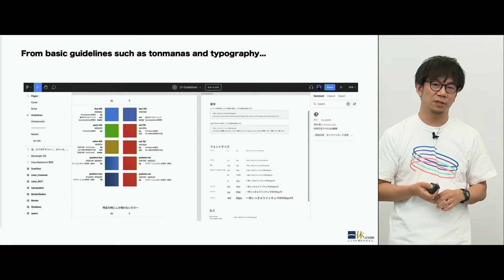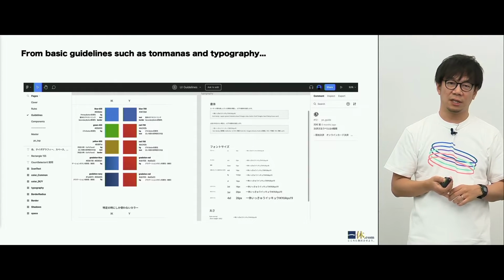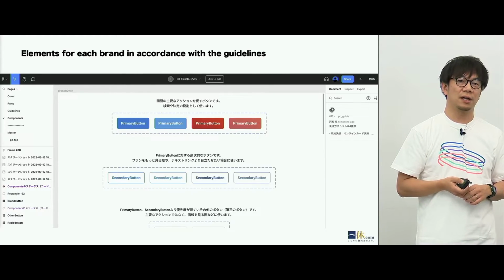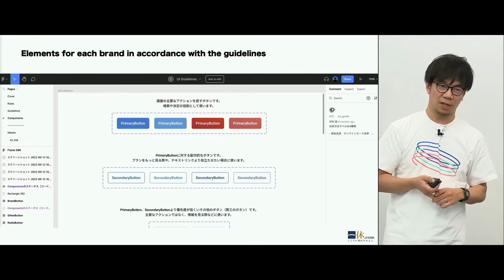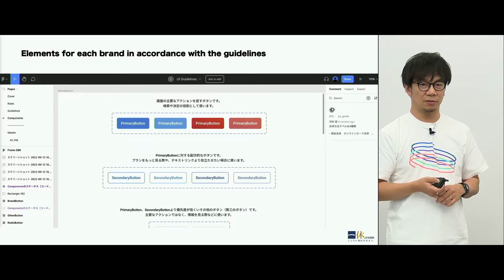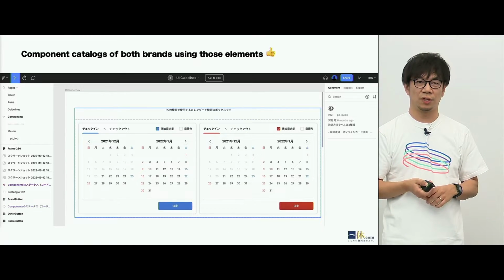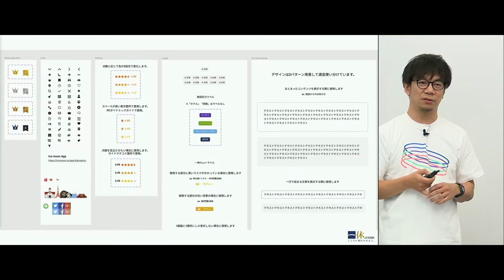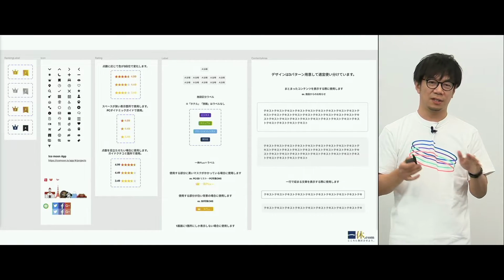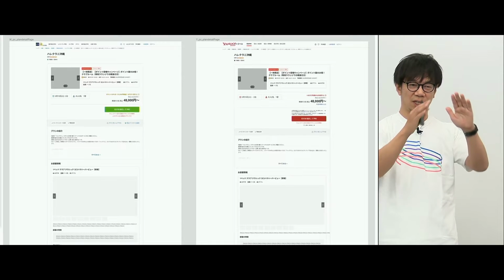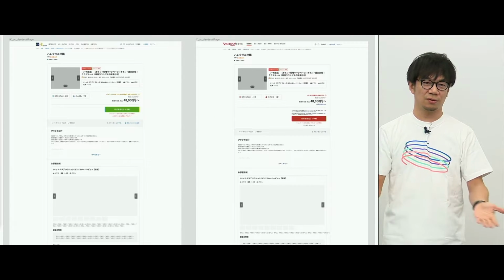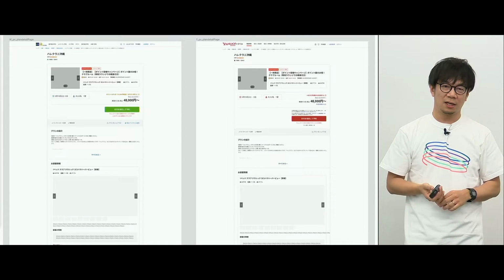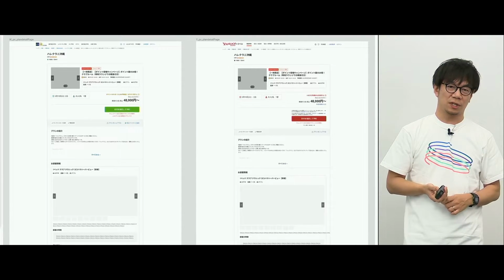We started from the basics for both, like typography, and then going into the details, buttons, calendars, portals, and major components were ready, and hotel cards and text expressions, and also larger components in the design system were developed.